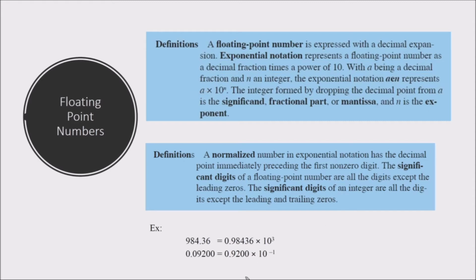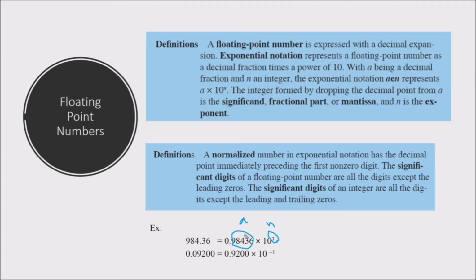So what I'm saying is here it is the number. So this is what A is actually, right? So that is A, and 10 to the power of another value here. This is N, right? So that's what they're saying. And it drops the decimal point from A. A is the significand, or the fractional part, or the mantissa.